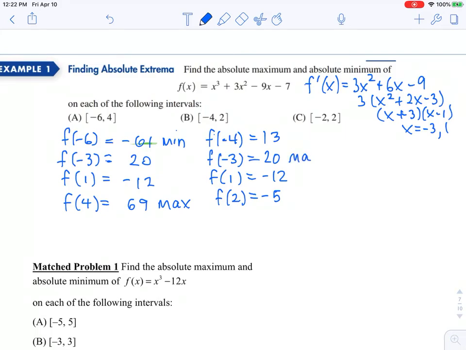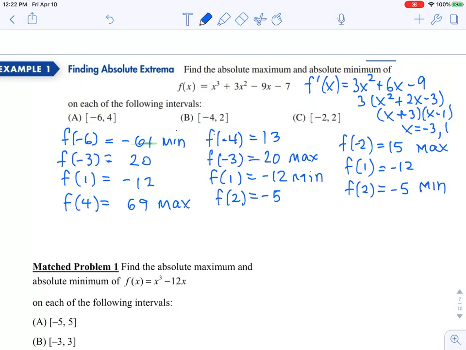And now you can see how our absolute max has shifted, and our min. And then the last one: -3 is not in this interval, 1 is. So this is our max and our min.